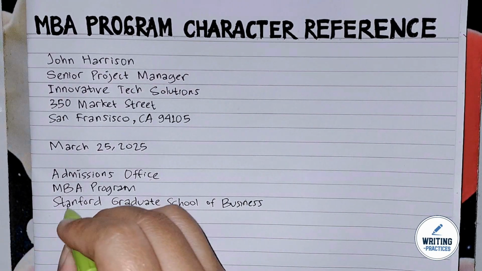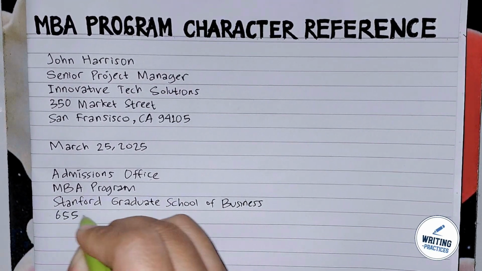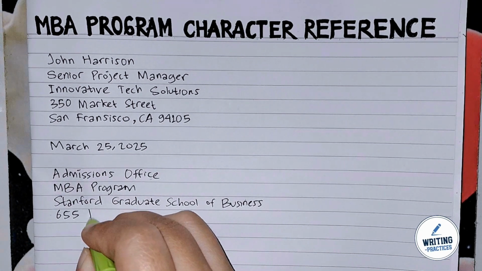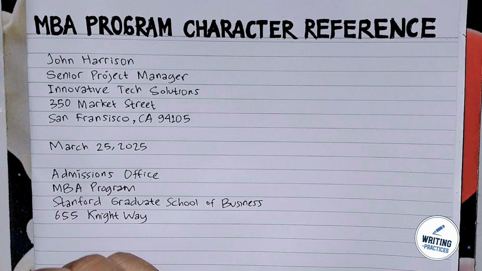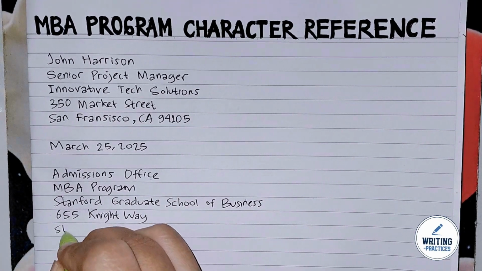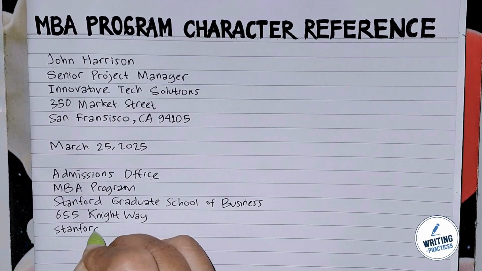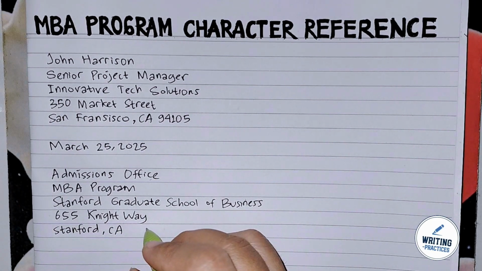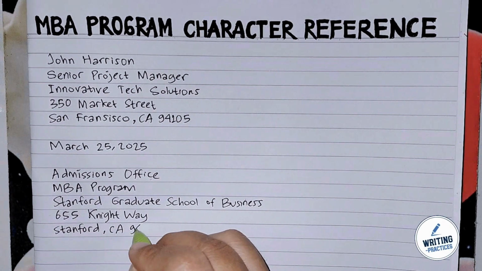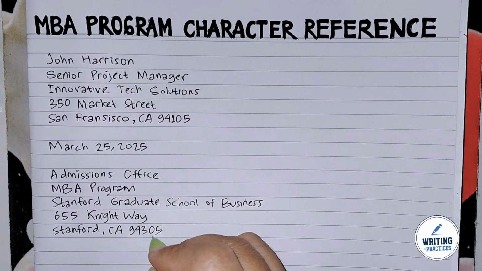Address it to the relevant office, such as admissions office. Besides, you need to write the program and institution name. Mention the specific program such as MBA, and the name of the school, such as Stanford Graduate School of Business. And don't forget to provide the institution address. You must write the complete mailing address of the MBA program office.